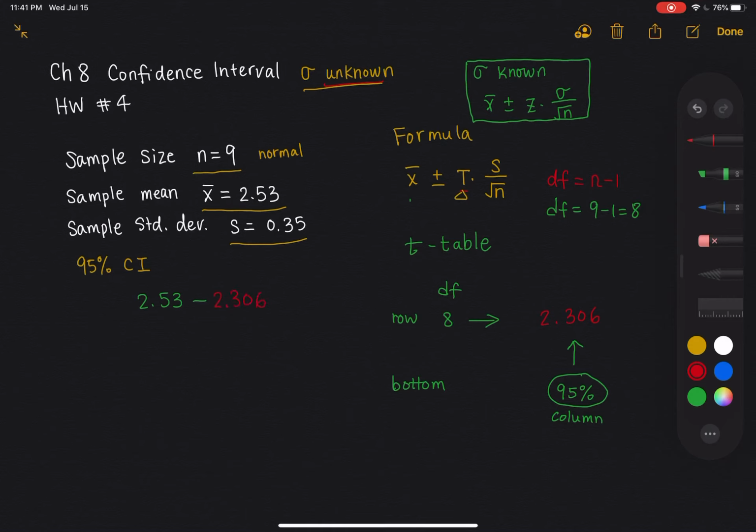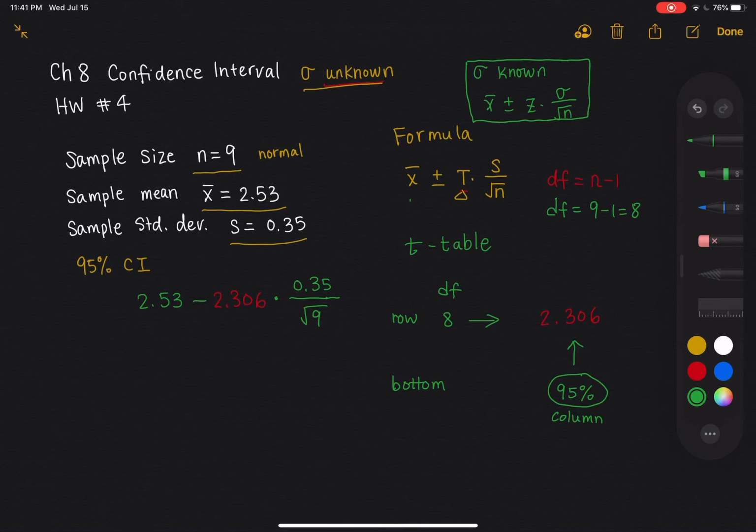So this t is 2.306. You multiply by s, which is 0.35, and then divide by square root of n, where n is the sample size, 9. Enter all this into your calculator: 2.53 subtract 2.306 times 0.35 divided by square root of 9.